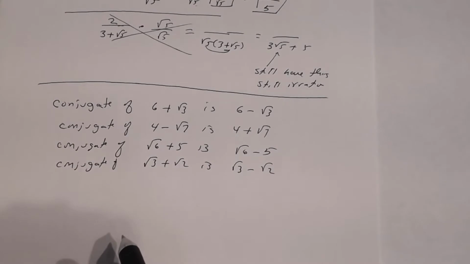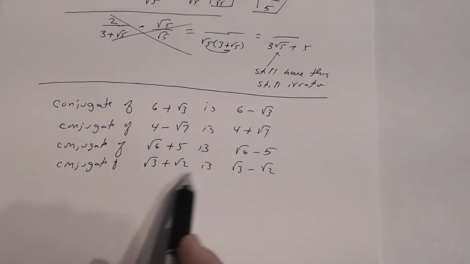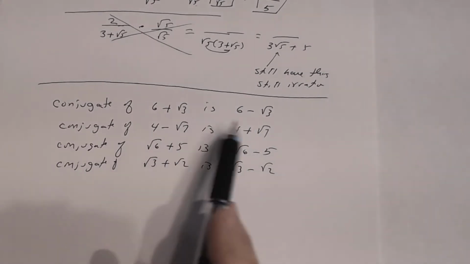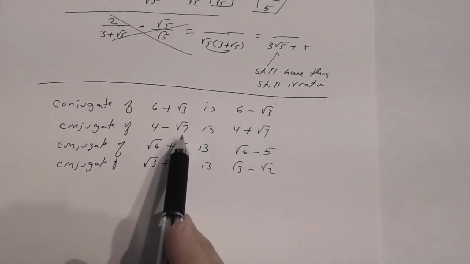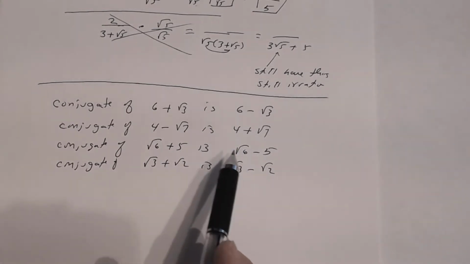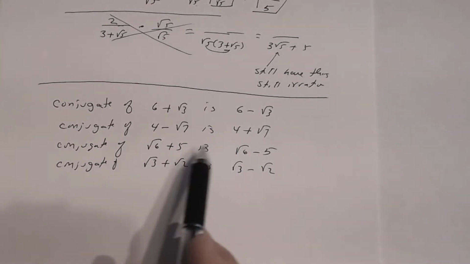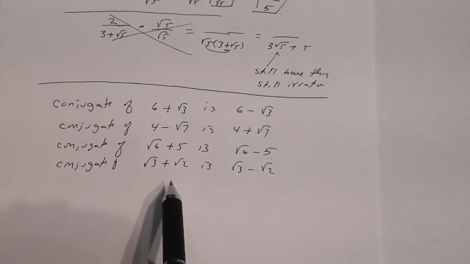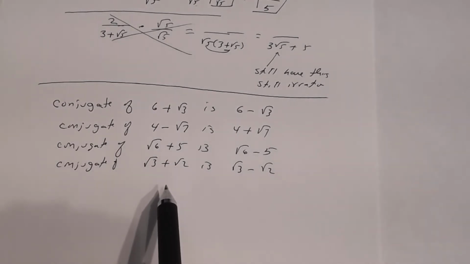So the expression will have no radicals when you multiply two binomial radicals that are conjugates of each other. They have to be conjugates. They're conjugates if the sign changes in the middle. And then you're going to end up with a product that has no radicals in it, no square roots.